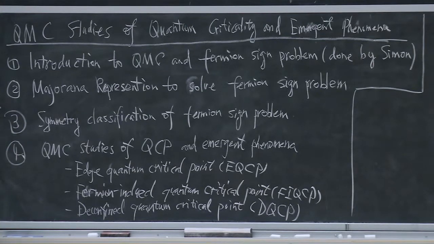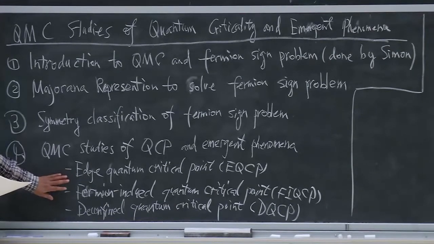And then I will discuss some symmetry classification of the fermion sign problem using the Majorana representation. In the end, I will give you some examples of using sign-problem-free quantum Monte Carlo to simulate a number of interesting quantum many-body systems and to discuss various quantum critical points.